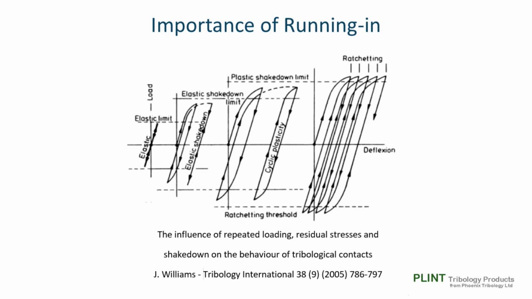This leads to a build-up of residual stress and a subsequent increase in the contact's ability to withstand cyclic loads. After this shakedown stage, the bearing material can behave elastically under loads above those associated with the initial pre-shakedown elastic limit. The material has become harder and stronger.